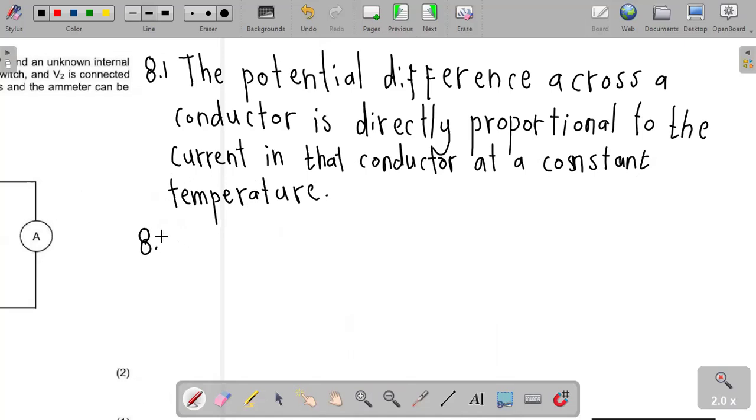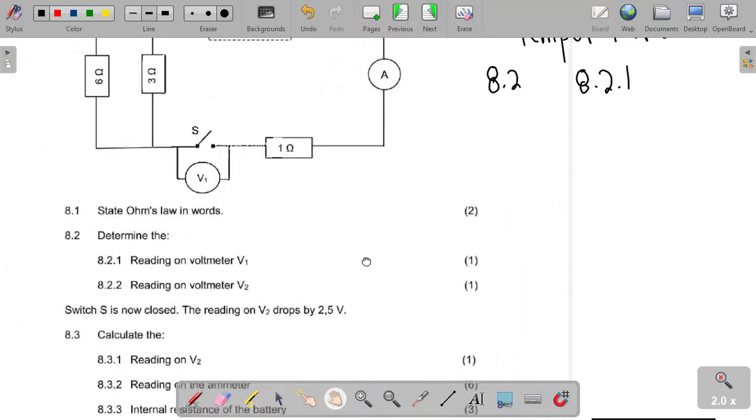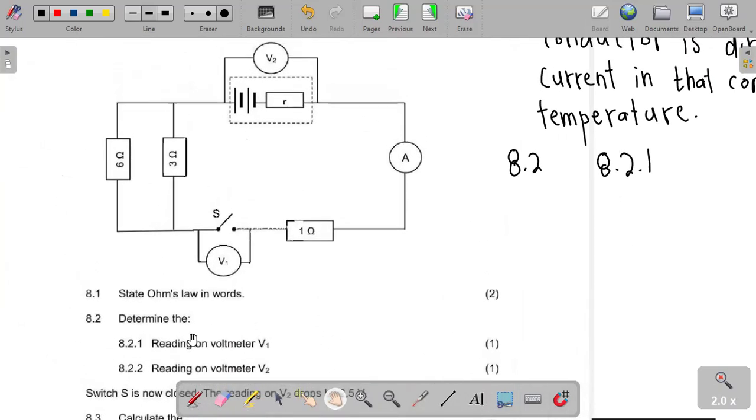And then 8.2. There is 8.2.1. And there is also 8.2.2. So what is happening here? Now, this must determine the reading on voltmeter V1. Okay? Voltmeter V1 here is connected across the open switch.